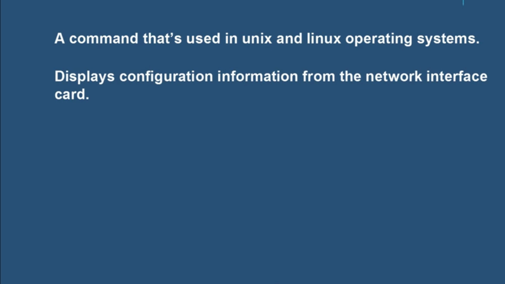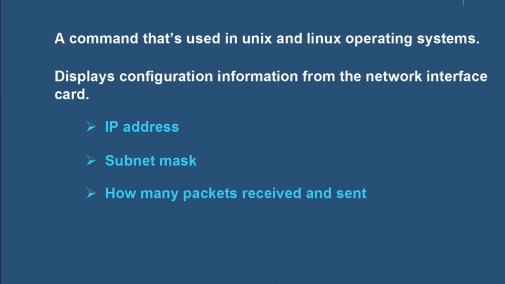Using the ipconfig command by itself displays the IP address, subnet mask, and default gateway, and using the command with a switch changes the output slightly.